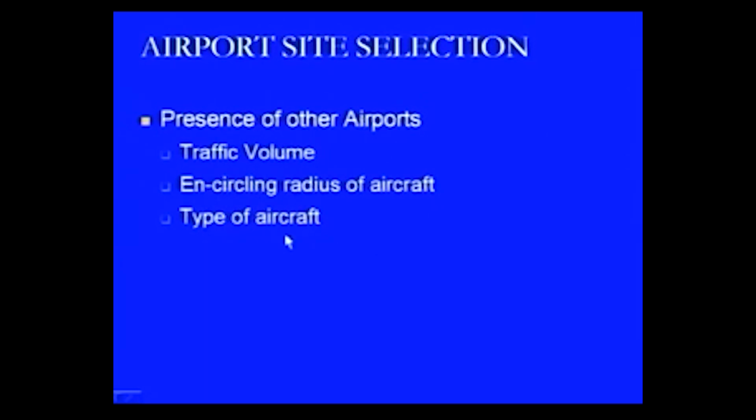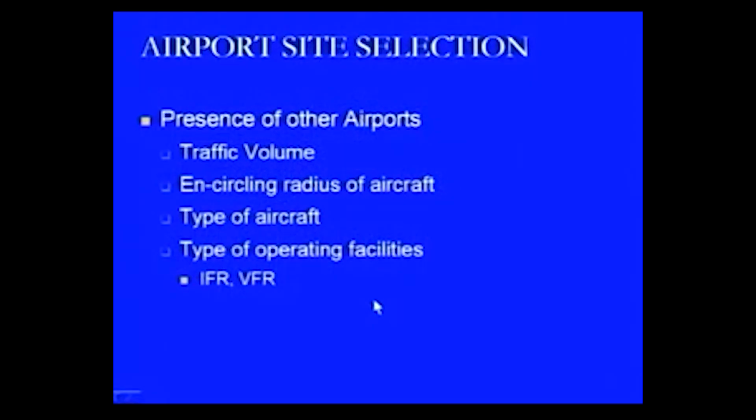This encircling radius is dependent on the type of aircraft. So, what type of aircraft are going to use these two different airports provided side by side is another aspect. In the case of a domestic airport and an international airport, generally there is not a problem, because domestic airports generally have smaller aircraft as compared to international airports.